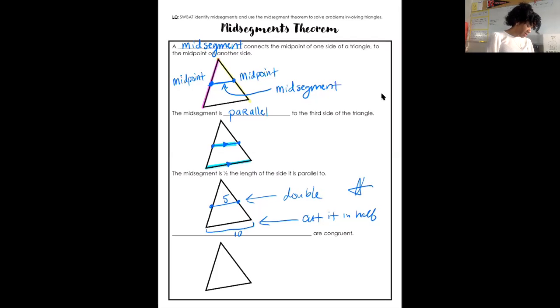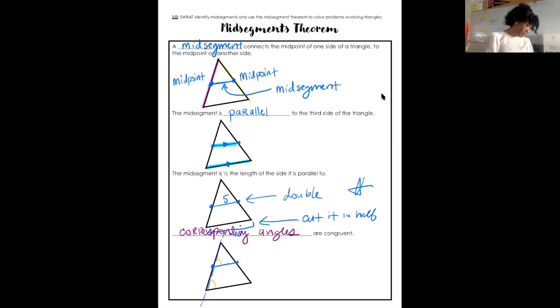And then lastly here, I'm gonna switch the colors so that you can see corresponding angles are congruent. So let's put back in our midsegment. If we think of this as a transversal, then we're gonna see here that this angle and this angle are corresponding angles, so they're congruent.